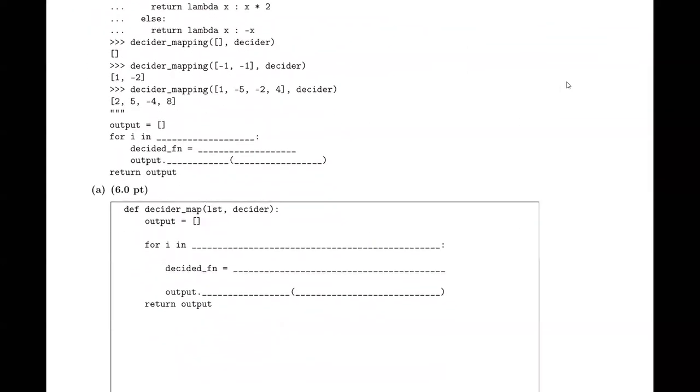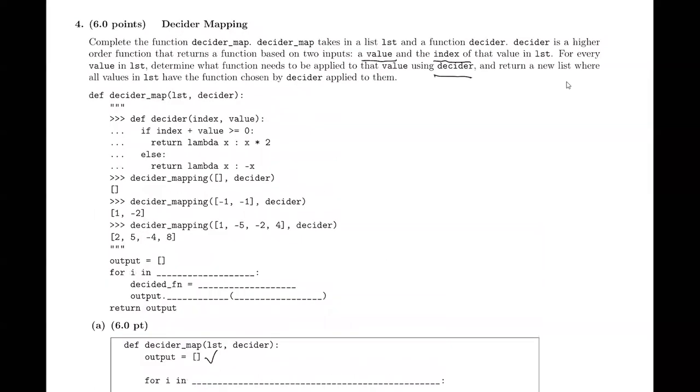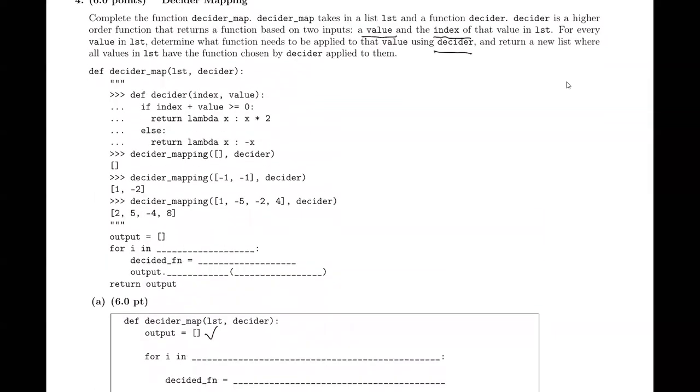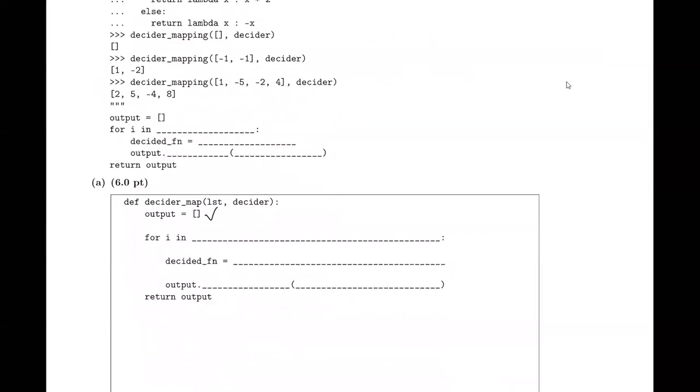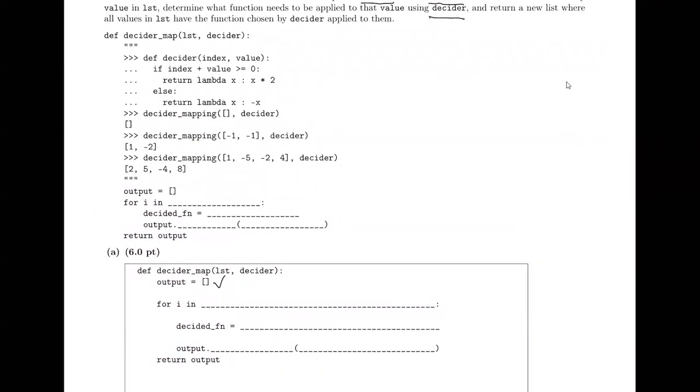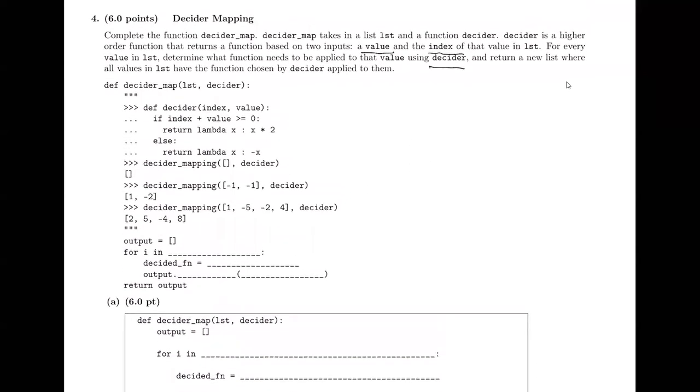Now looking at the provided code, we have output is equal to this new list here. The problem says we want to return a new list at the end, which we're currently doing with output. But right now, output is an empty list, so I'm assuming that we're going to have to add something to output. For now, let's look at the second line of code, which is for i in blank. Once again, take a look at the instructions to see what we can do with this for loop.